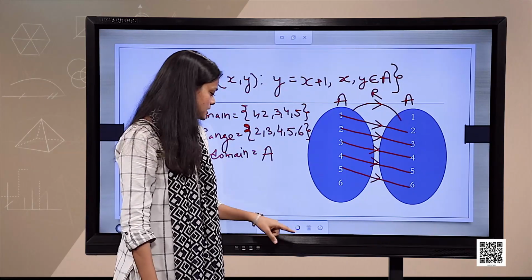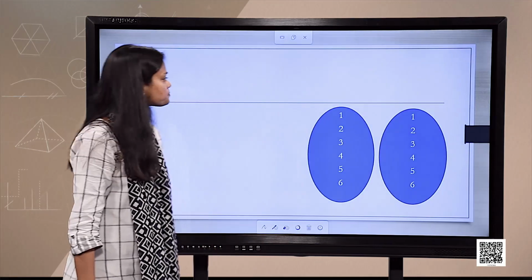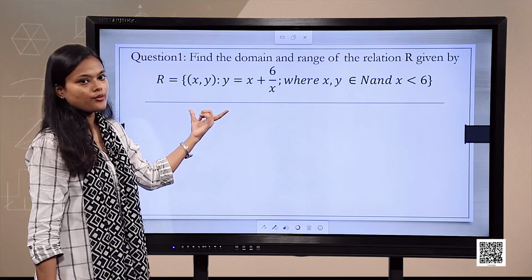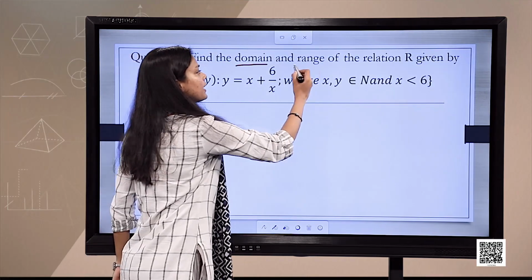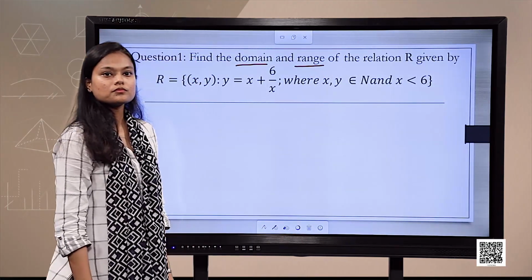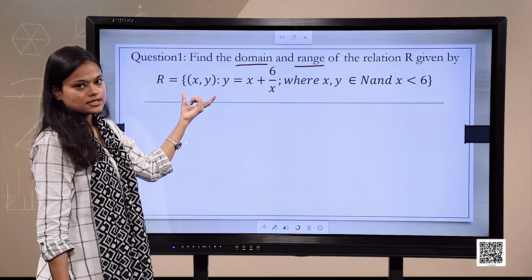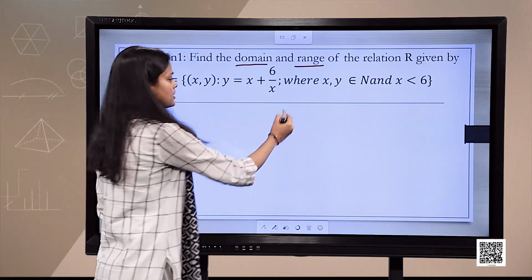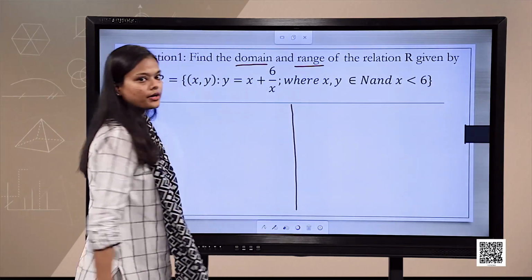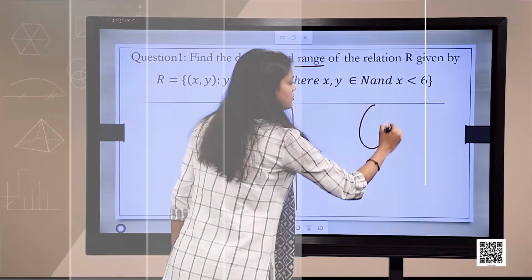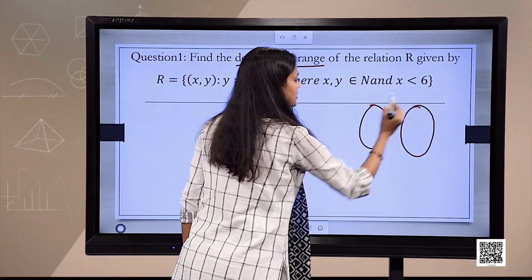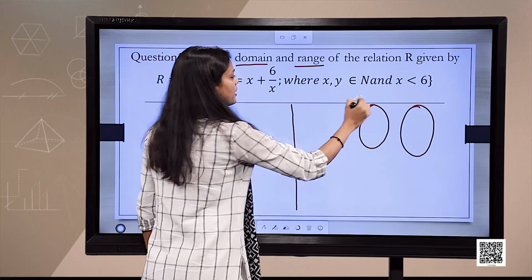Let us see one more example or question. This is a question in which we have to find the domain and range of this relation. See it, very important. Firstly, let us make an arrow diagram of it.